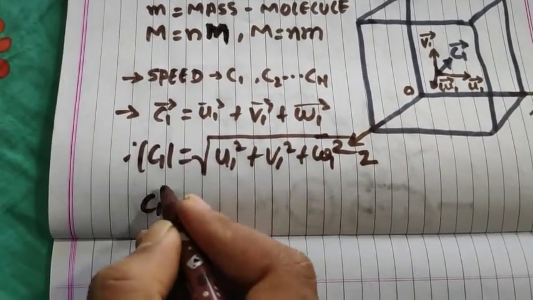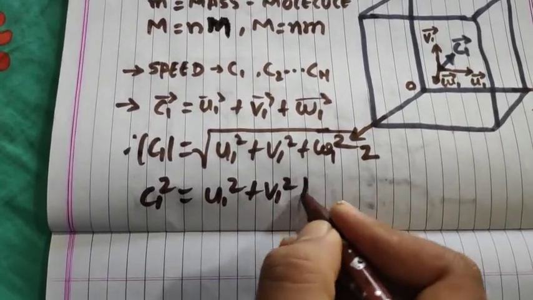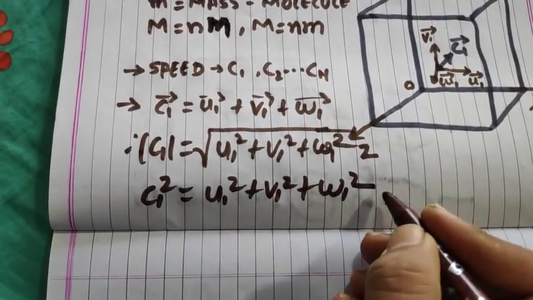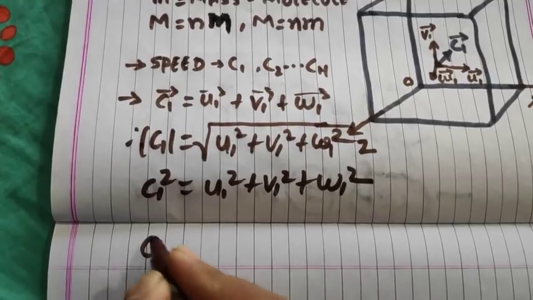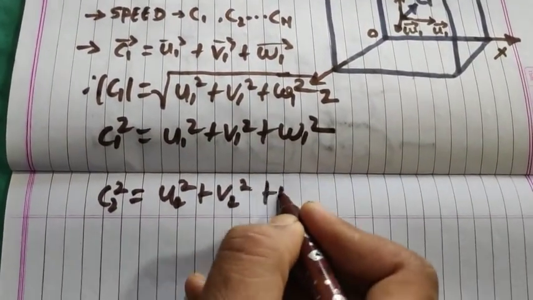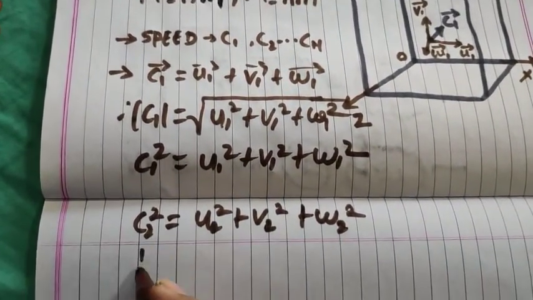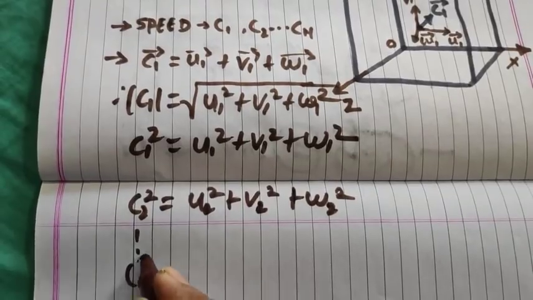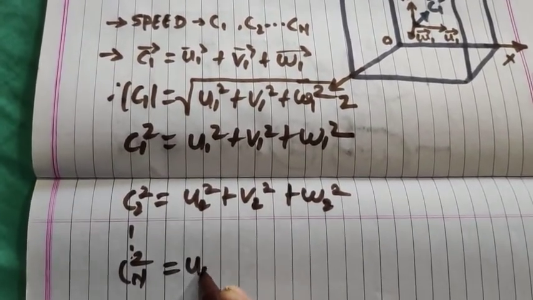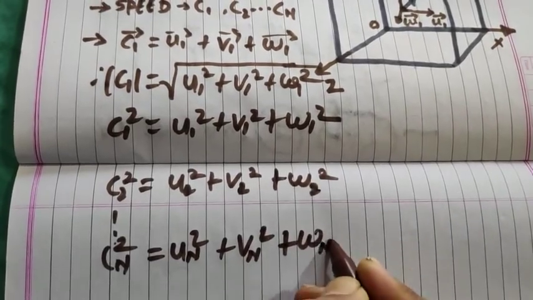So squaring both sides, we get C1 square is equal to U1 square plus V1 square plus omega 1 square. Similarly, we can have C2 square is equal to U2 square plus V2 square plus omega 2 square. In this way, Cn square is equal to Un square plus Vn square plus omega n square.